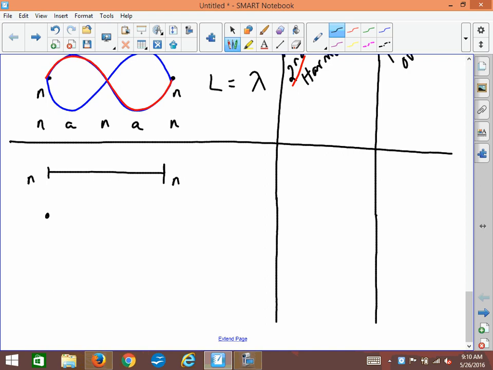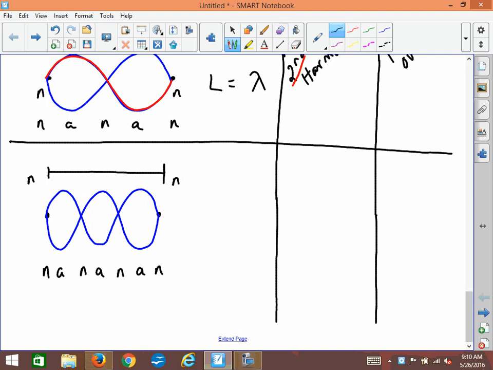So this time I can squeeze in this pattern, and when it reflects back, it will produce a standing wave pattern that will look like this. You'll notice that I have a node, an antinode, a node, an antinode, a node, an antinode, a node. An even more complex vibration.